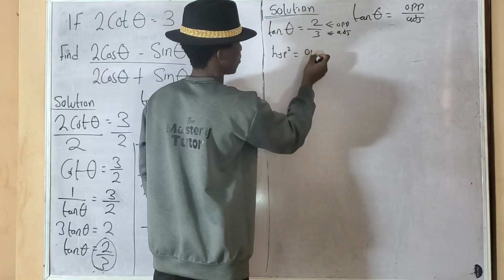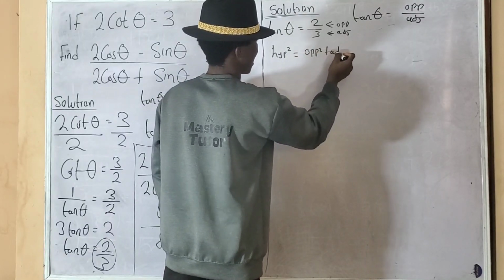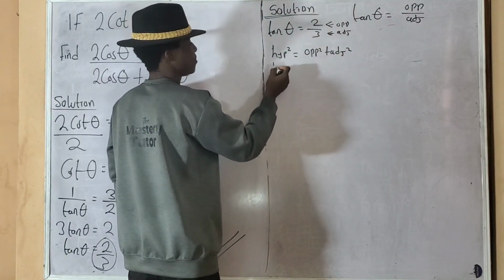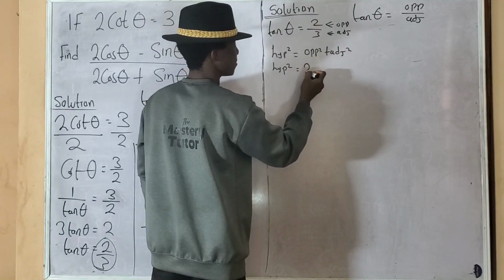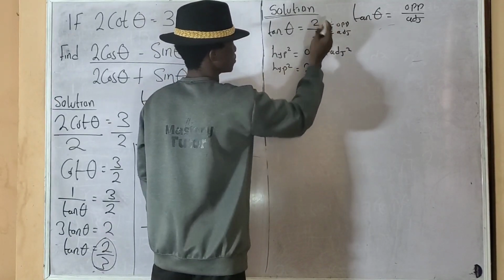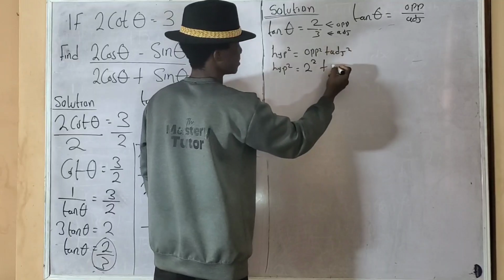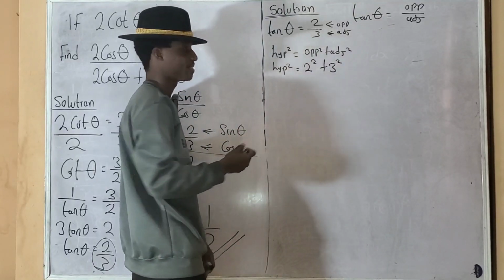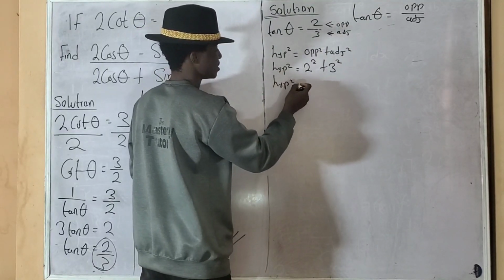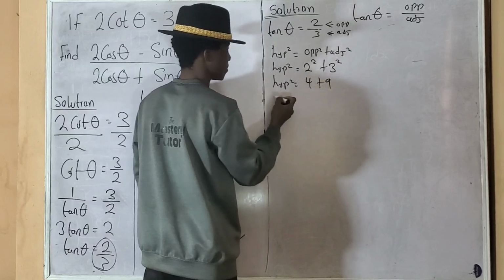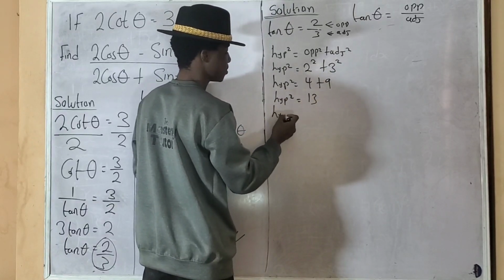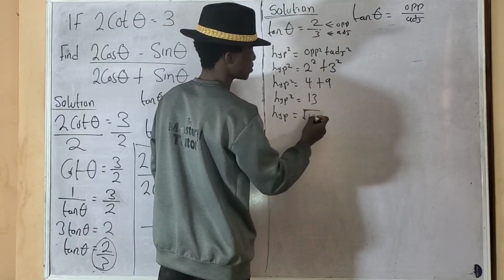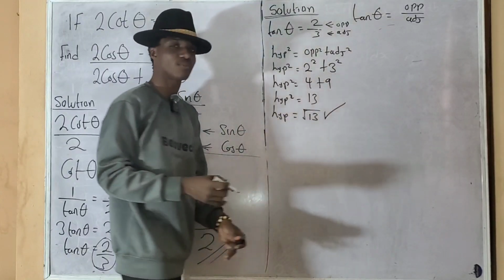Hypotenuse squared equals opposite squared plus adjacent squared. Opposite is 2, so 2 squared plus adjacent, that is 3 squared. Hypotenuse squared is equal to 4 plus 9, and 4 plus 9 is 13. The hypotenuse, which is the third side of the right-angle triangle, is square root of 13, right?